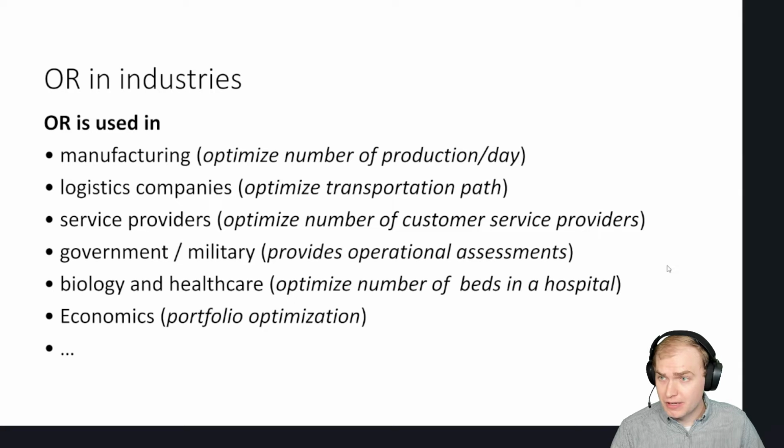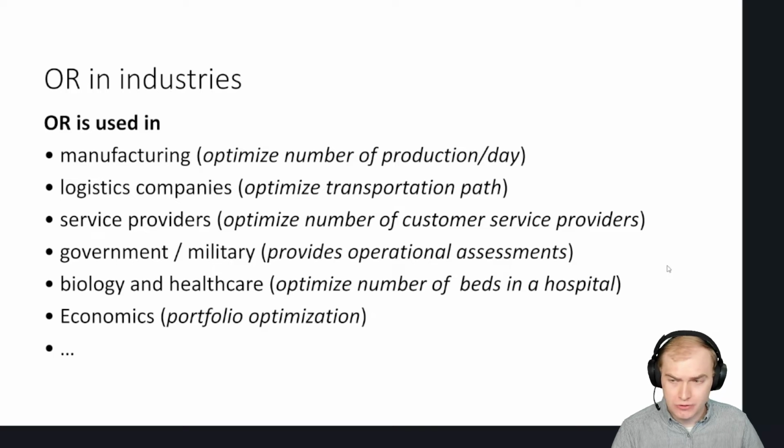So a few other things to rattle off: manufacturing, logistics companies, service providers, government, military, biology and healthcare, economics, business, the business schools. So OR in a lot of schools is in engineering, as it is here. In a lot of schools it's in math, as it was where I came from, and it's in there at Clemson.